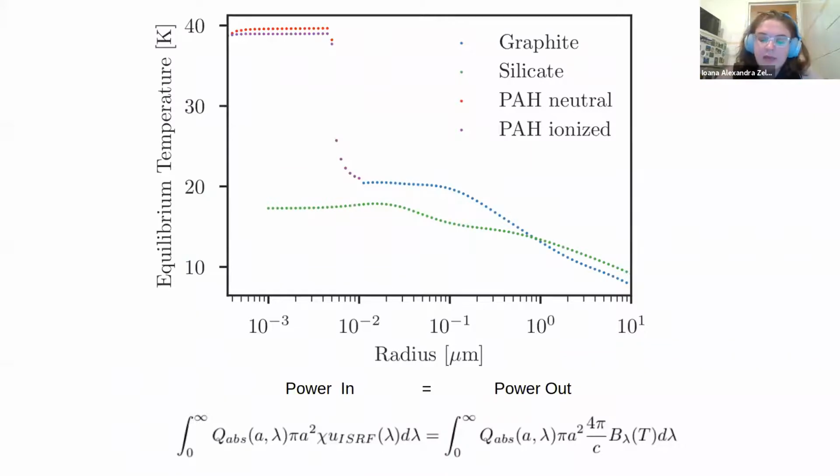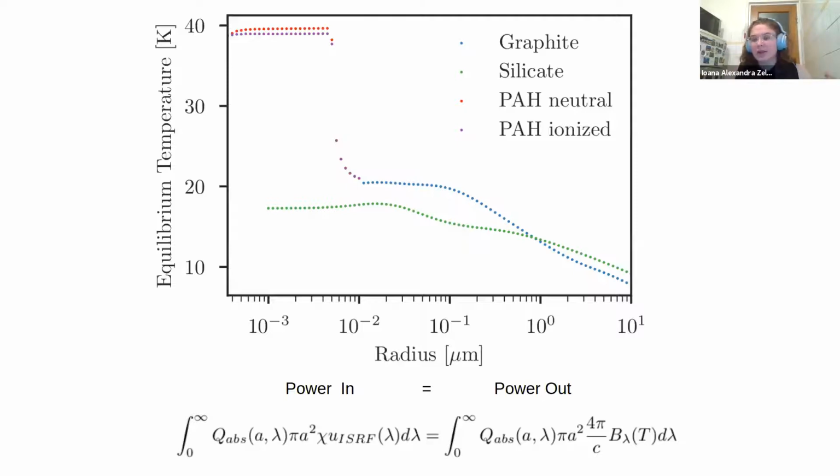And to calculate the emission of the collection of dust grains, I calculate their equilibrium temperatures. So dust stays in a bath of radiation coming from the stars in the galaxy. As they are sitting in this radiation bath, they get heated up and they emit radiation. Basically, that's what's happening.